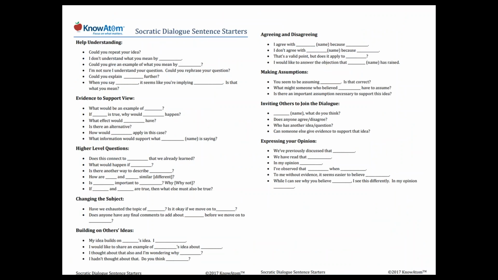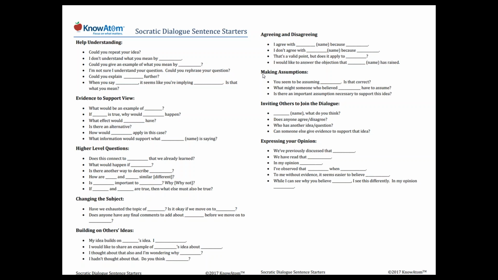So I'm going to show you what some of these tools look like, and I can come back to that visual. This is what those Socratic dialogue sentence starters look like. If I need help understanding, here are some sentence starters that students can use to get help understanding in the context of a verbal or even nonverbal Socratic dialogue. Same thing if we're looking for evidence to support a view, higher level questioning, changing the subject, building on others' ideas, agreeing or disagreeing.